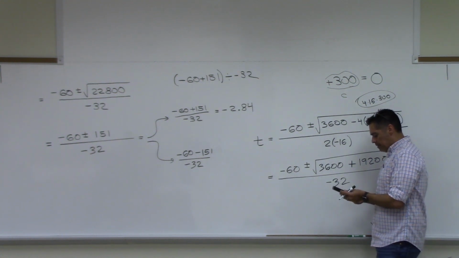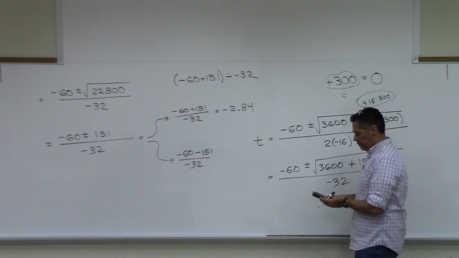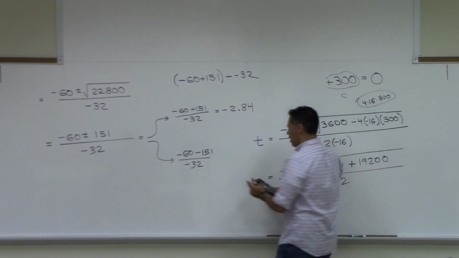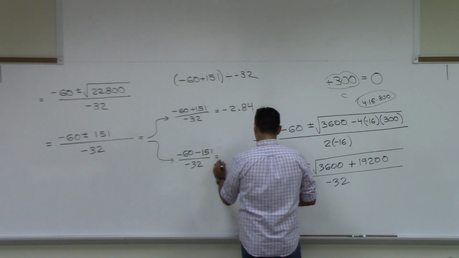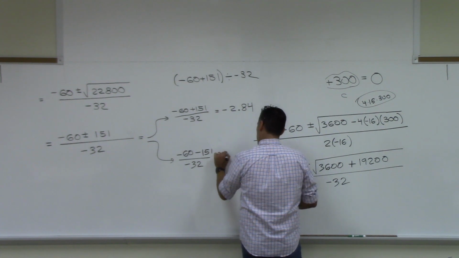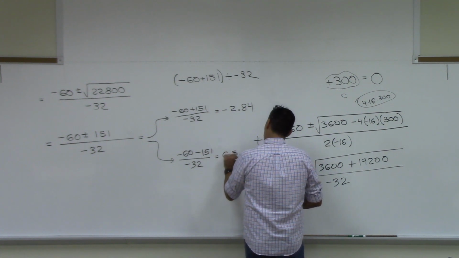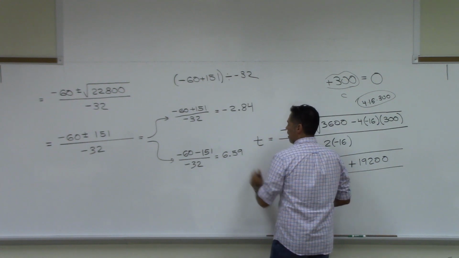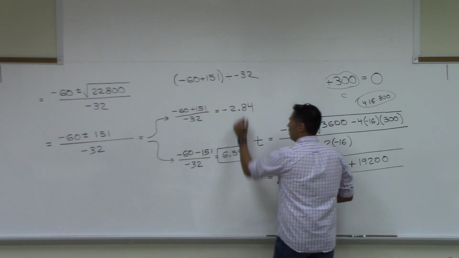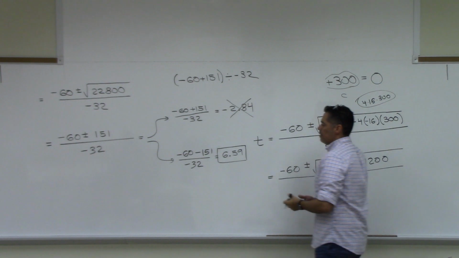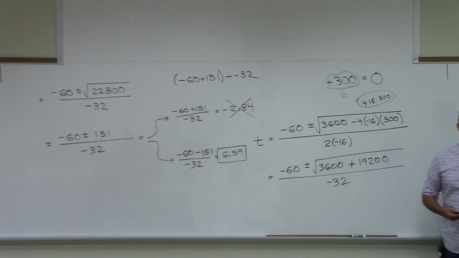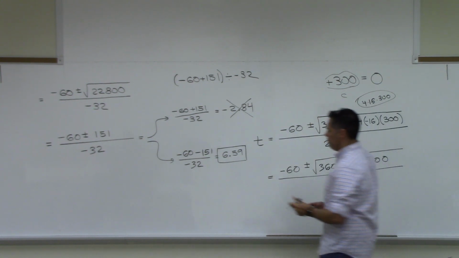Divide that by negative 32. 6.59. Anyone else get that? 6.59? Okay. That's my answer. Not this one. 6.59 seconds. Good.